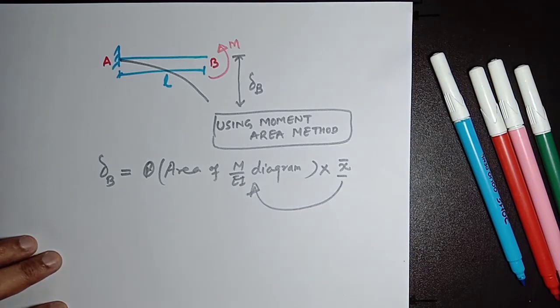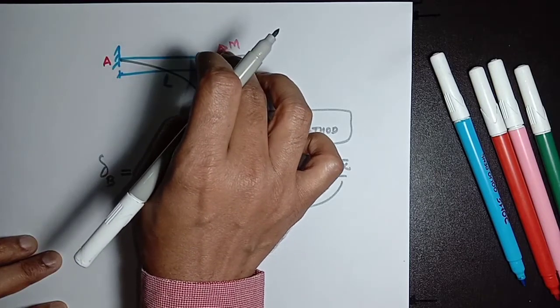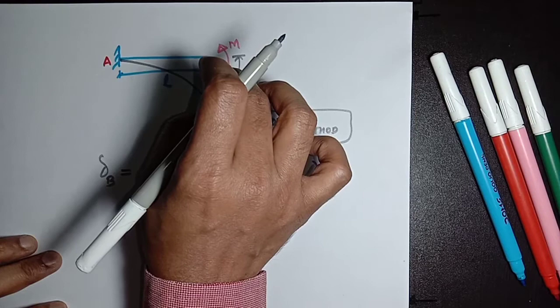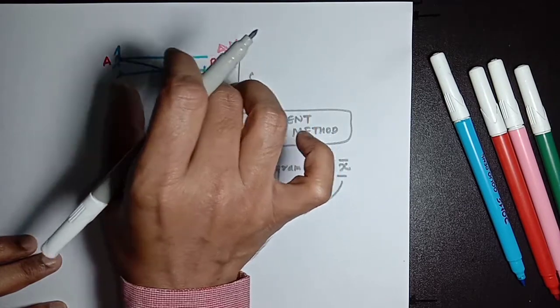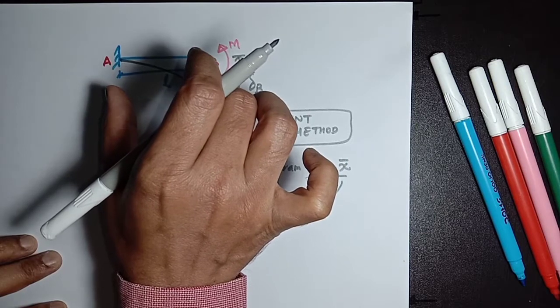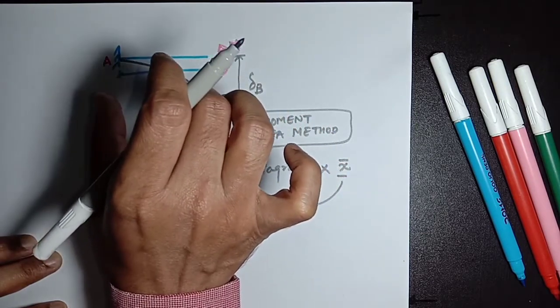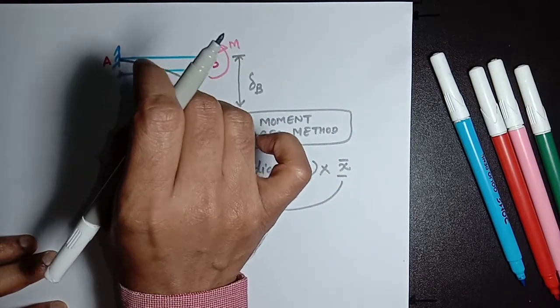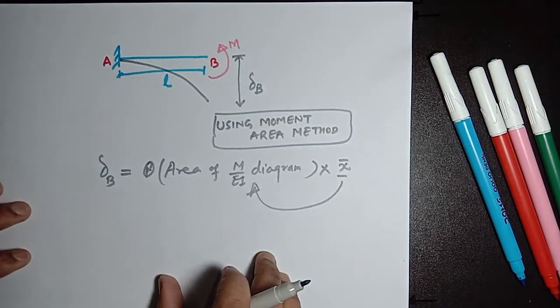Now we need to find the bending moment for this beam, which is subjected to a concentrated moment M. Thereafter I will develop the M over EI diagram for the same beam, and after that we will calculate x bar, the centroid of this M over EI diagram. Then multiplying the area of the M over EI diagram with x bar will give directly the deflection at point B.